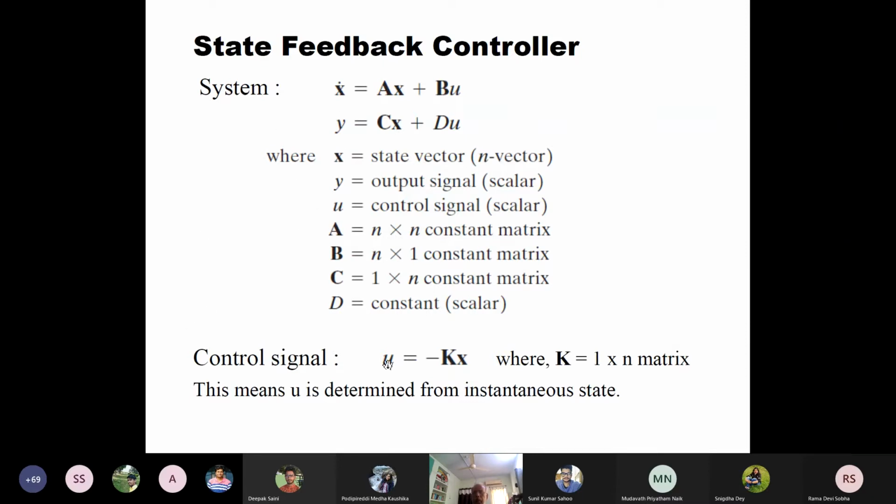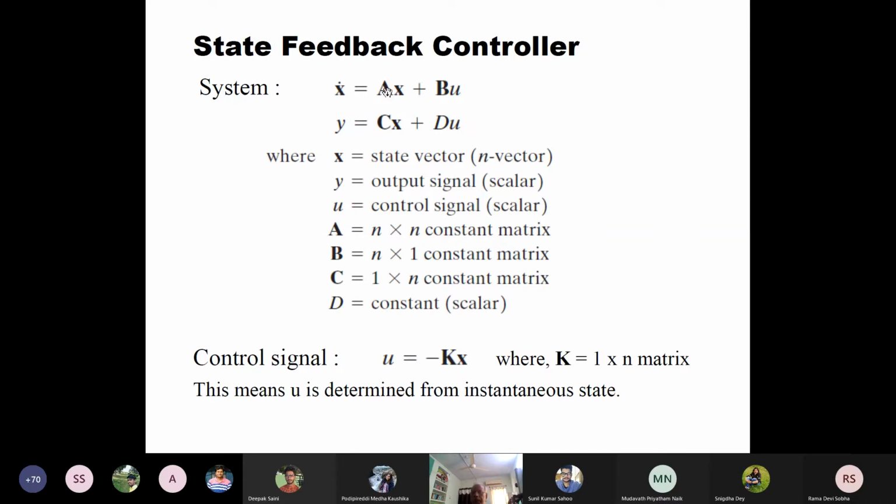Okay, so in this case consider the control signal to be a pretty simple control signal, which is u is equal to minus kx. So x will be basically fed back to the system by this input equation, u is equal to minus kx, where k is a 1 into n matrix.